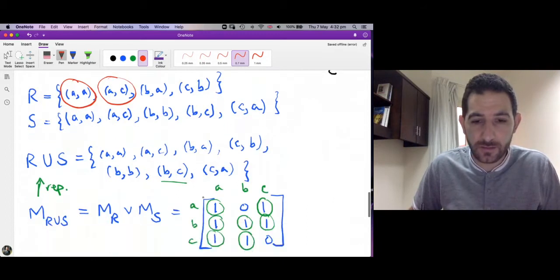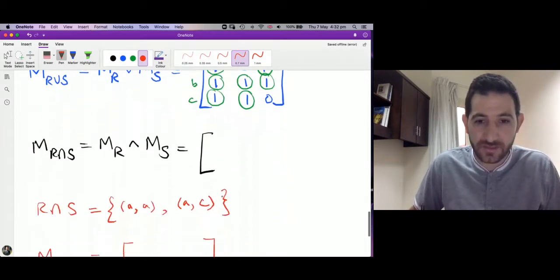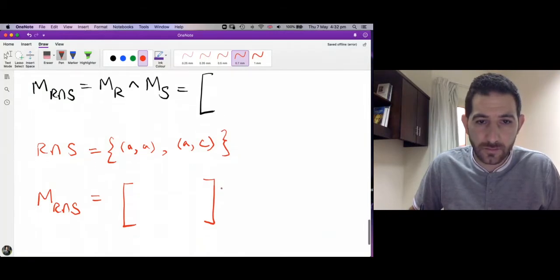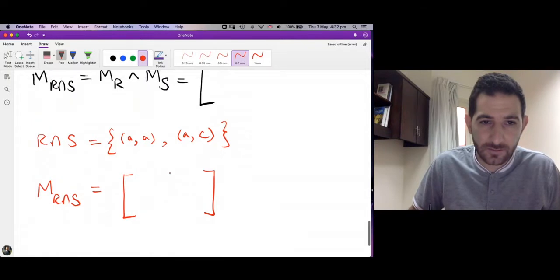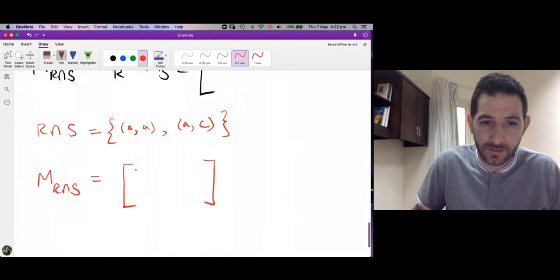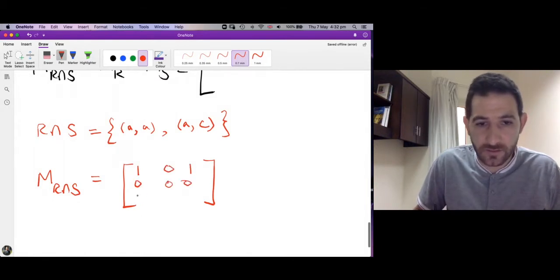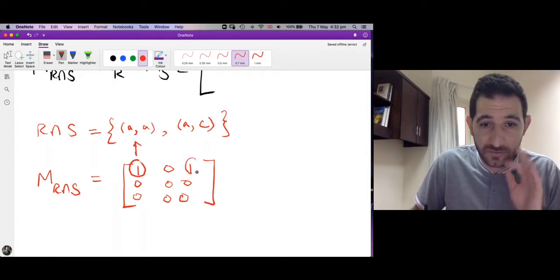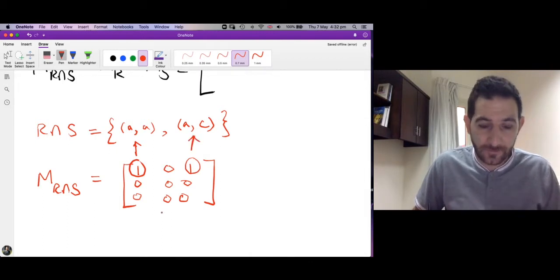So we know that the matrix representing the intersection is, so let's put it here. It's 1, 0, 1, and the rest are zeros. So this one represents A is related to A, and this one represents A related to C.